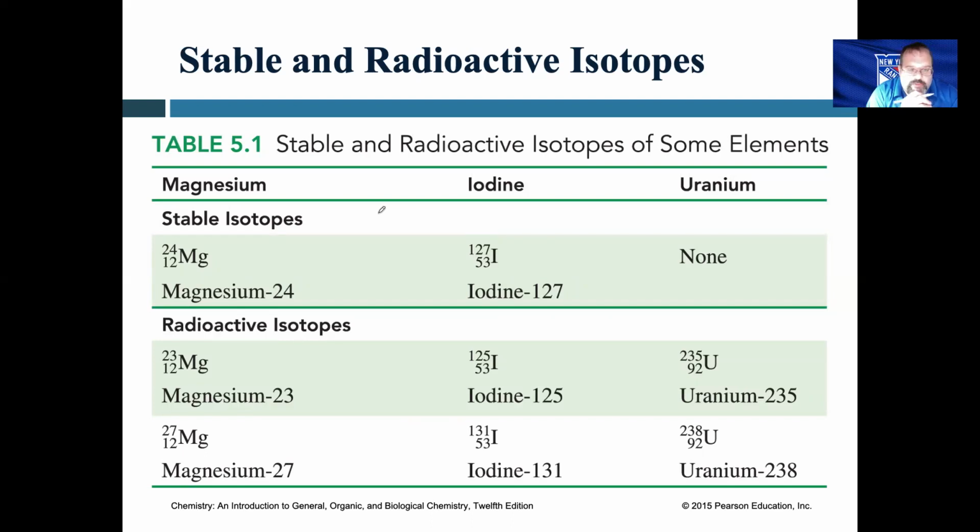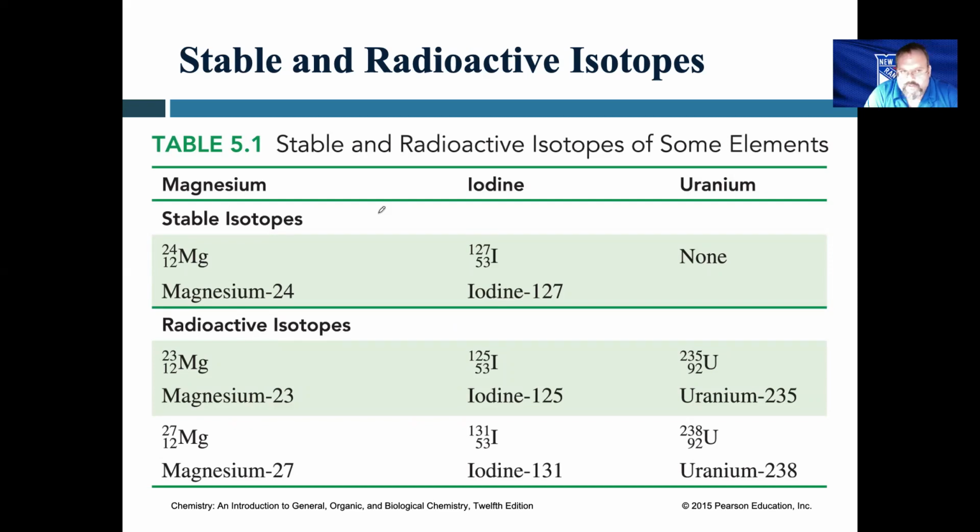But magnesium with a mass number of 23 and magnesium with a mass number of 27 are unstable isotopes, so they're going to release radiation. Look at iodine. Iodine with a mass number of 127 is a stable isotope, doesn't spontaneously release radiation. But iodine with a mass number of 125 and iodine with a mass number of 131 are both radioactive isotopes. They will spontaneously release radiation.